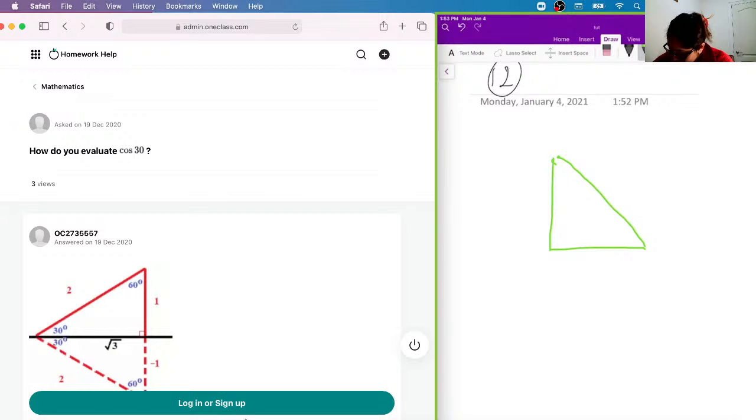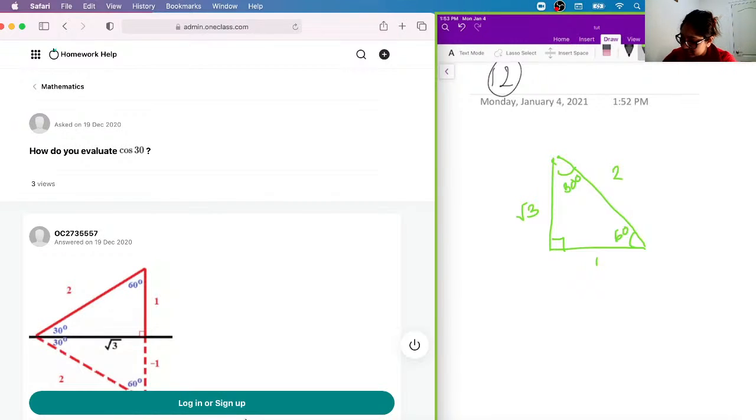Okay, so this would be a right angle triangle, and you can basically say this is 60. And we're trying to find cos of 30. If you guys recall the sides, this would be root 3, this would be 2, and this would be 1, right? From our special triangles.